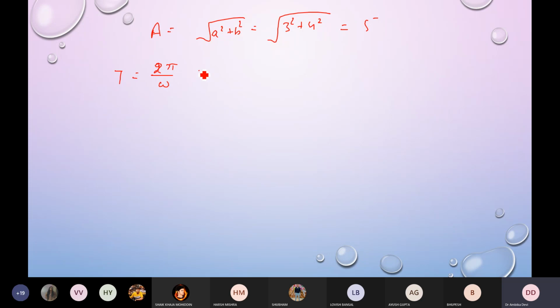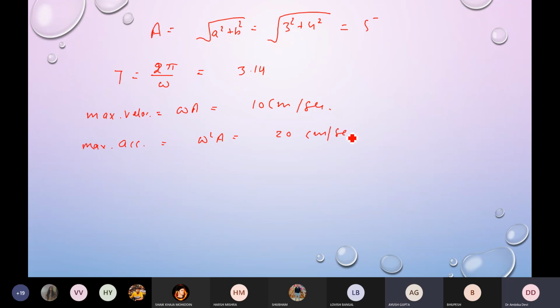Put the values and this will become 3.14. Then maximum velocity is omega A. So this will come out to be 10 centimeter per second. Then maximum acceleration is omega square A, and this will come out to be 20 centimeter per second square.